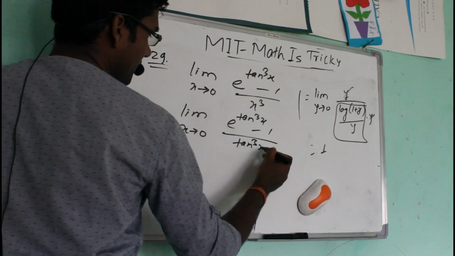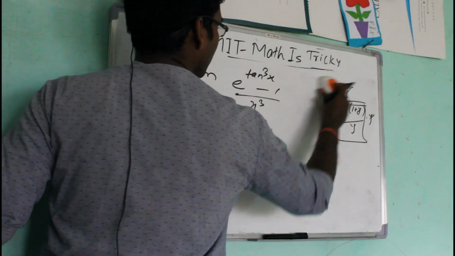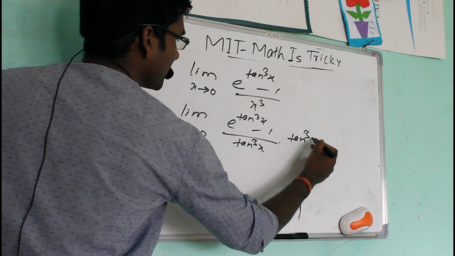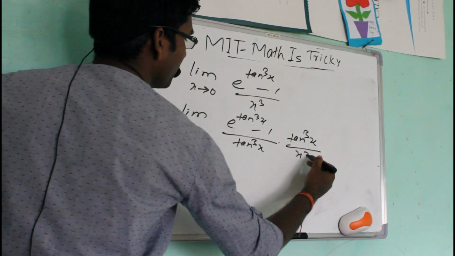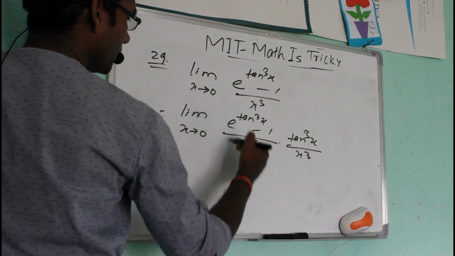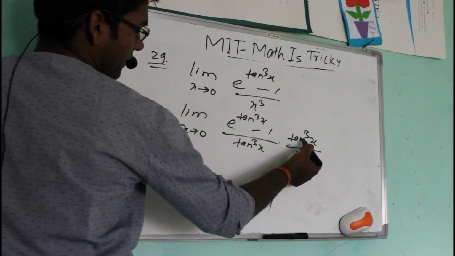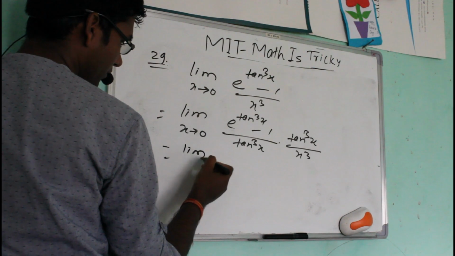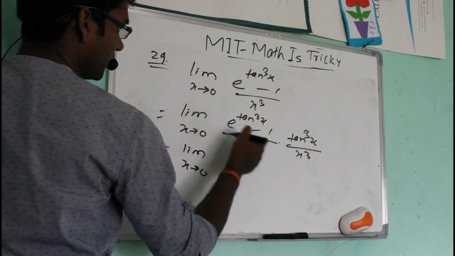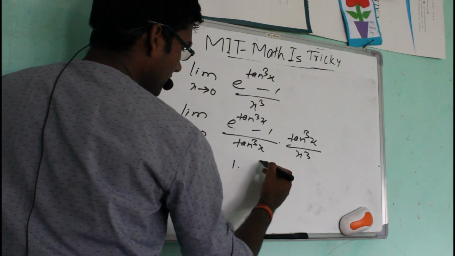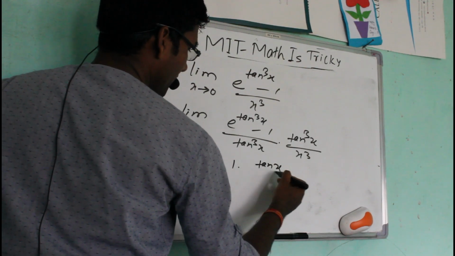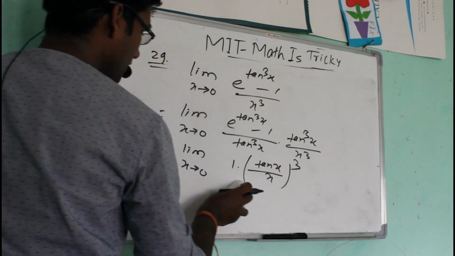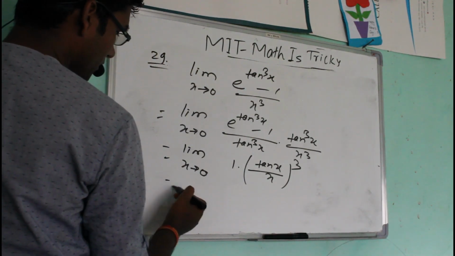So 10 cube x, and just balance this to get the answer. Here 10 cube x by x cube, and we know that this is going to be 1, and this is again 1. I can simplify further for you. I'm going to write it as 1 into (10x by x) whole cube. So let's further simplify this to get the answer, or you can write it directly also.